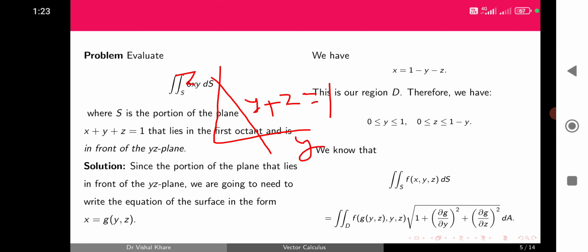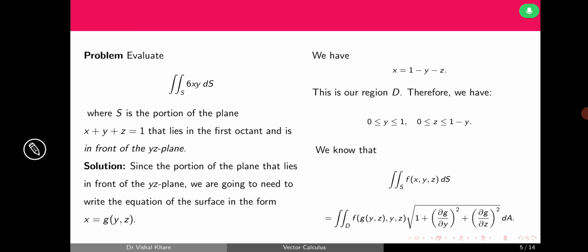Solving for z, we get z equal to 1 minus y. Taking a vertical strip, the lower limit of z is 0 and the upper limit is 1 minus y. Similarly, moving left to right, y is equal to 0 here and y is equal to 1 here. This way we can find the limits of y and z.